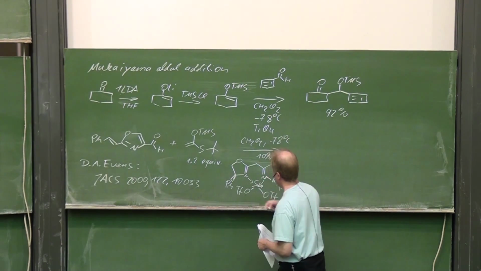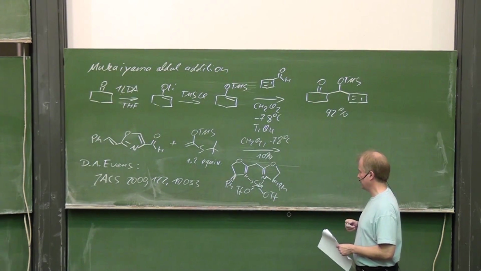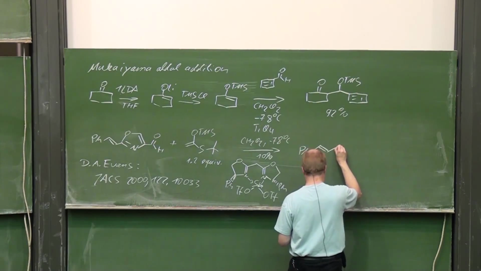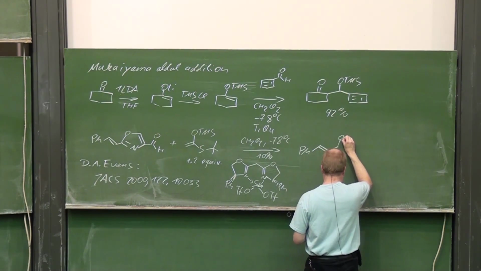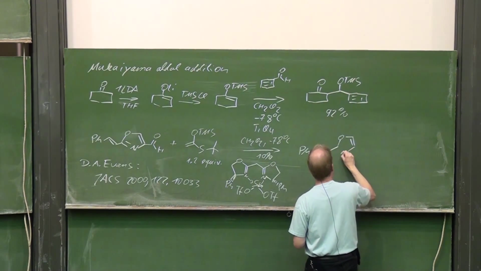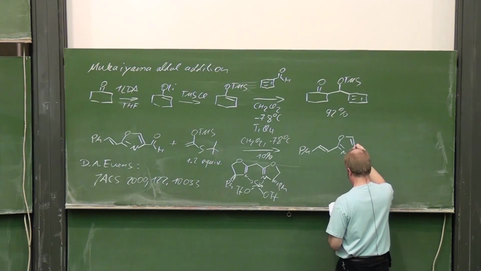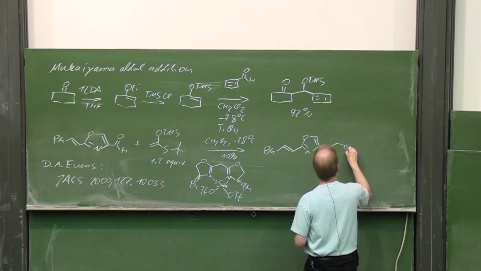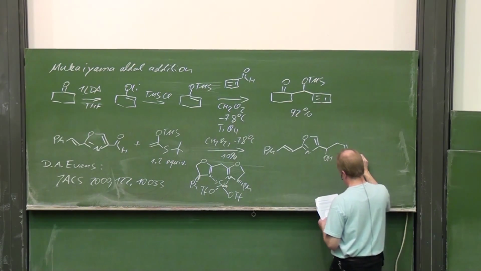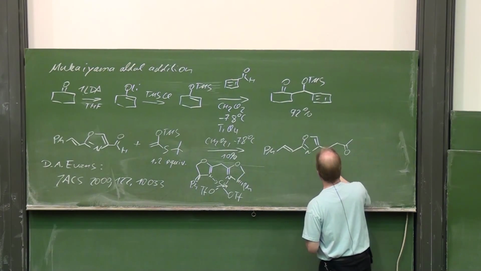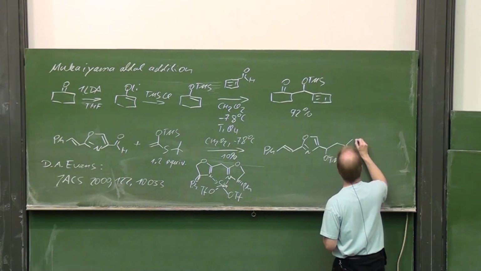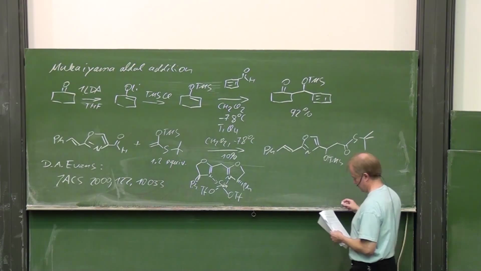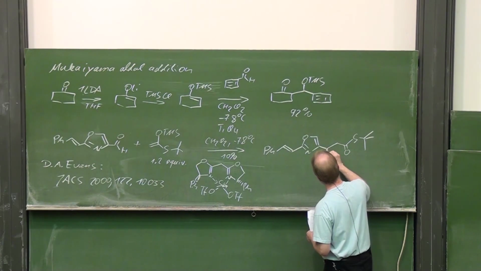% of this chiral Lewis acid is applied, giving the Mukaiyama aldol product, this one, enantioselectively.